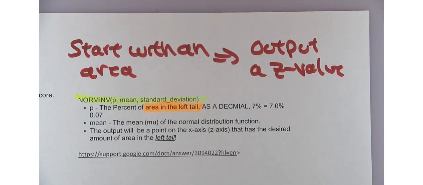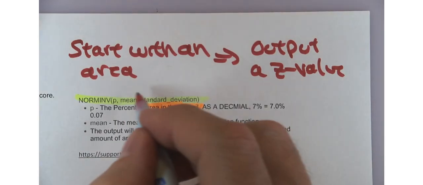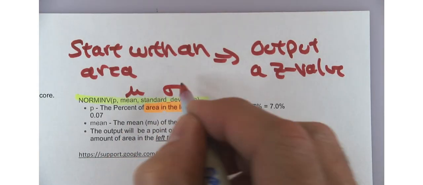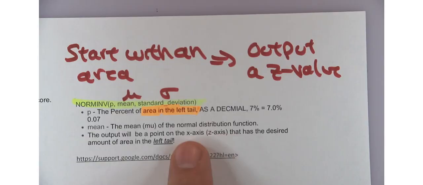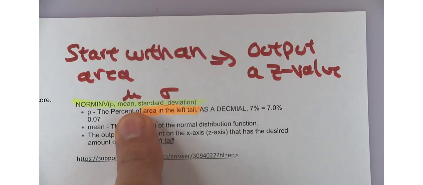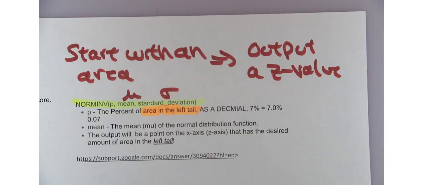Then you're going to have a mean, mu, and a standard deviation, sigma. And this will give you a value on the x-axis or z-axis, depending on what you want to call it, that has that amount of area in the left tail. So that's our new command.